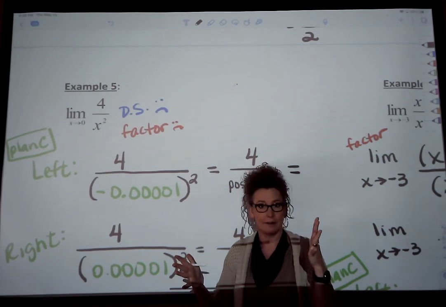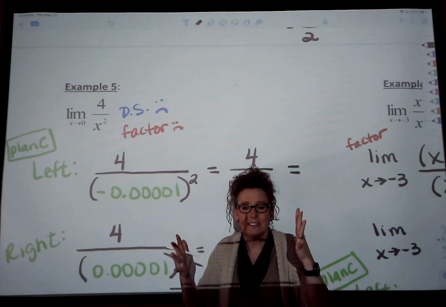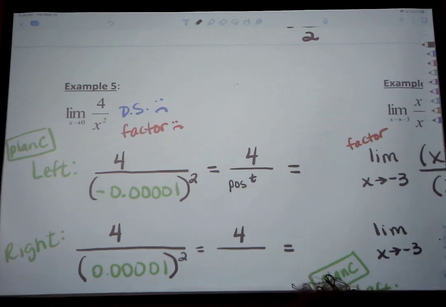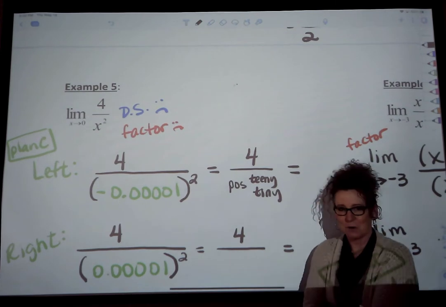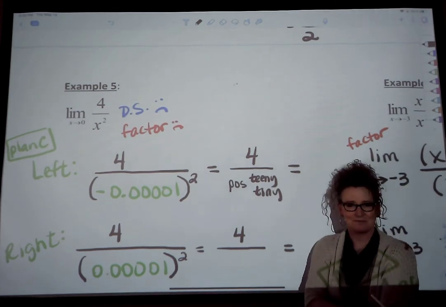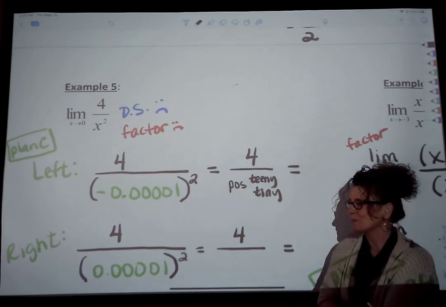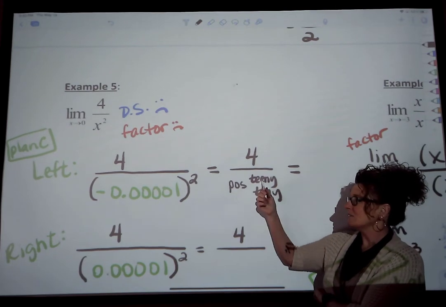That is a teeny tiny number. Positive, teeny, tiny. No calculator. Brain. Ready? Some positive, teeny tiny number.